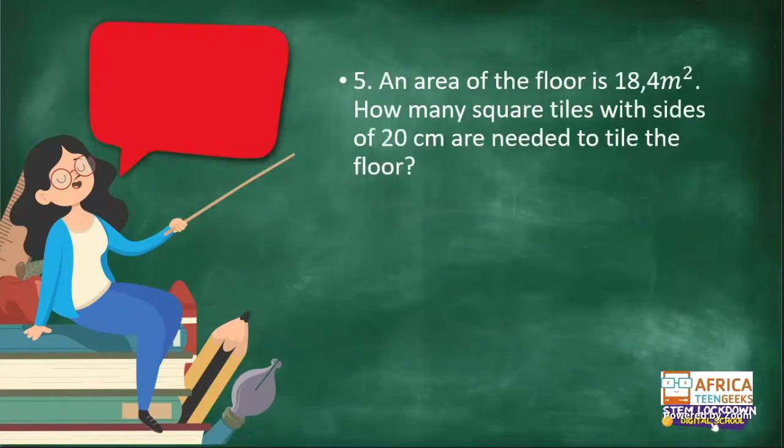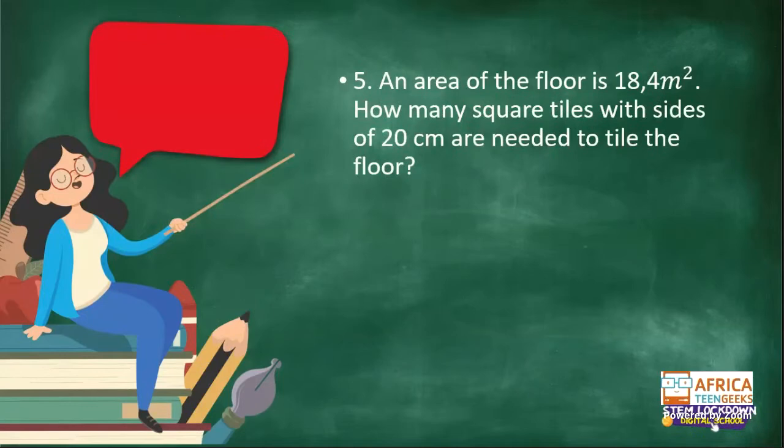We are proceeding to do the last one there. An area of the floor is given as 18,4 square meters. We want to put tiles, square tiles on the floor. We only know the area of the floor, which is 18,4 square meters.